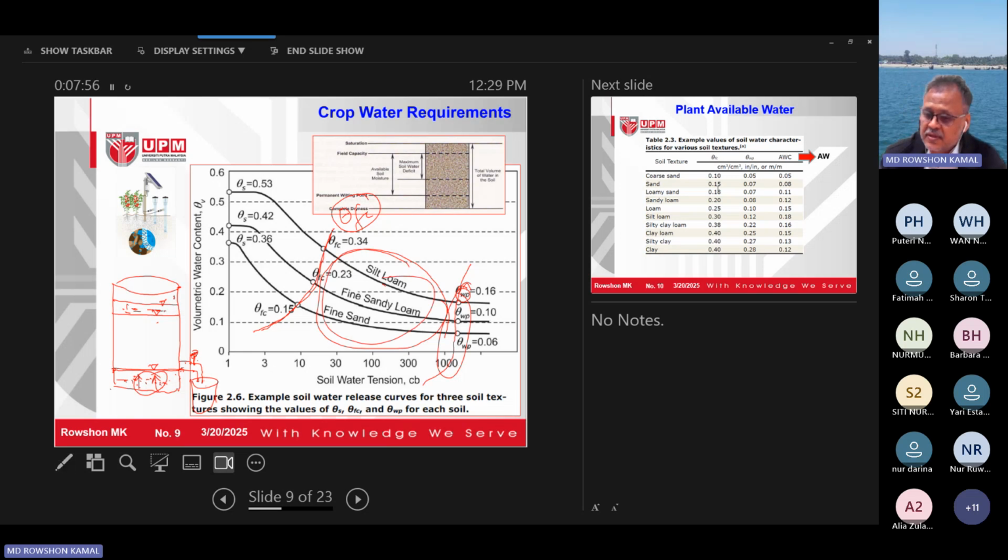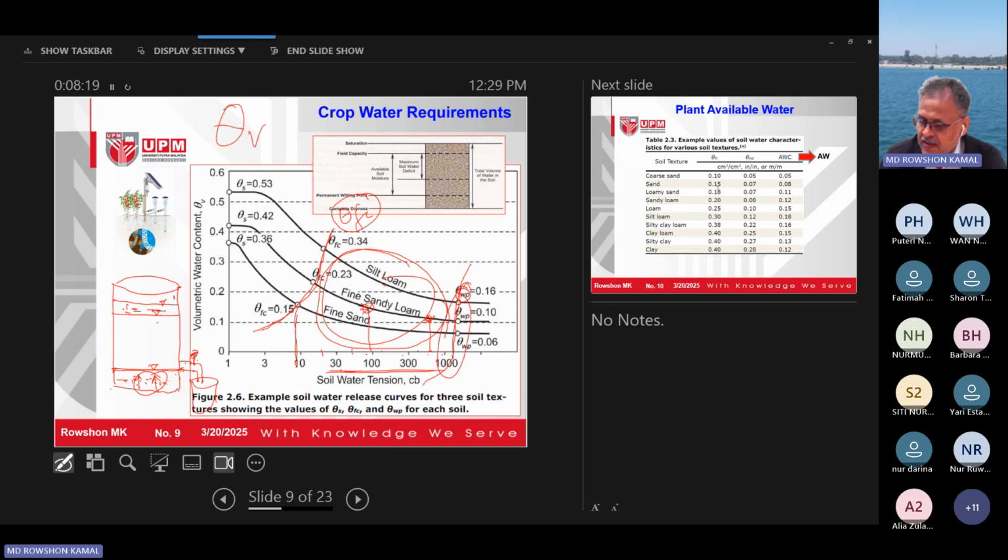So that's why if we know the theta v, we can know the status. Meaning that theta v can be here, can be here, can be here. If theta v is here, then we can know this. If theta v is here, we can know this. You can see the number is increasing.